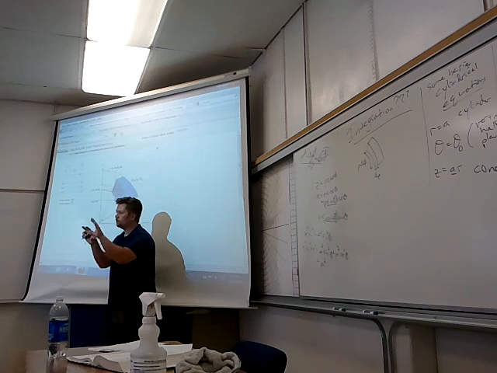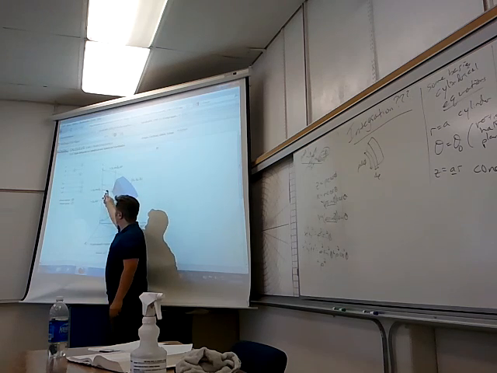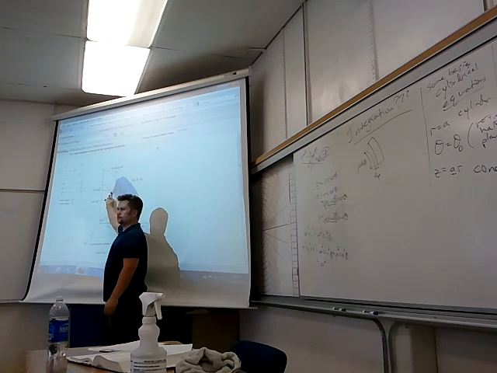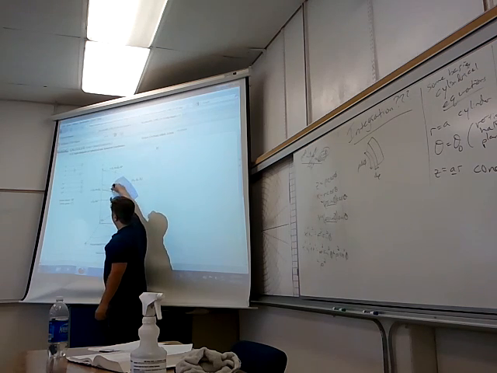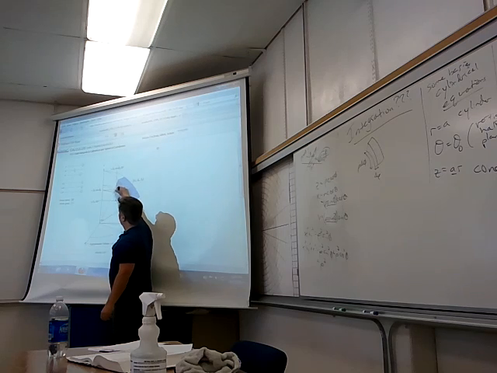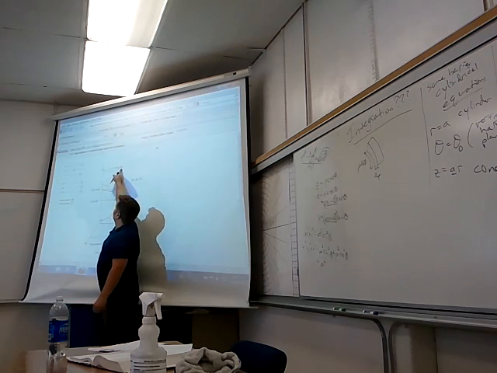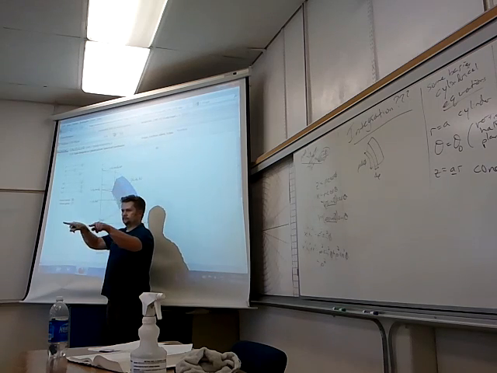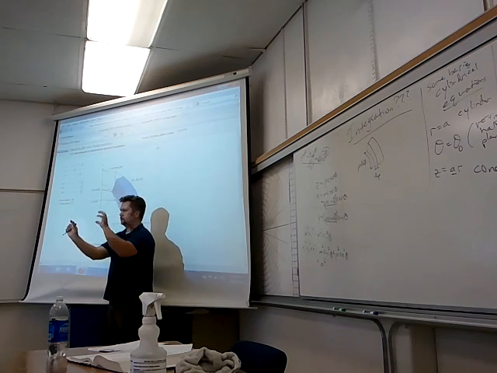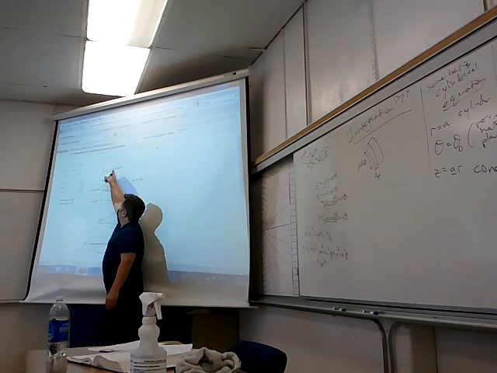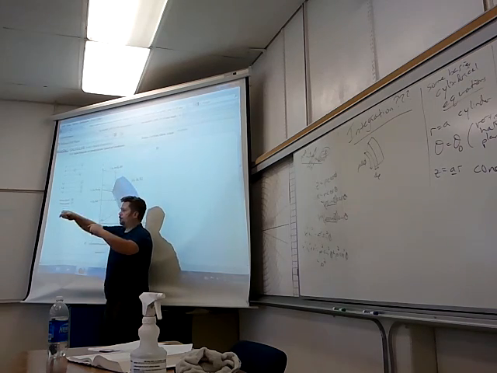The tricky part is to realize that's the radius of the circle that piece sits on, this little arc length. That little arc length has radius this. So to get the actual arc length, I've got to take the radius times delta theta to get that angle, right? It's r theta.